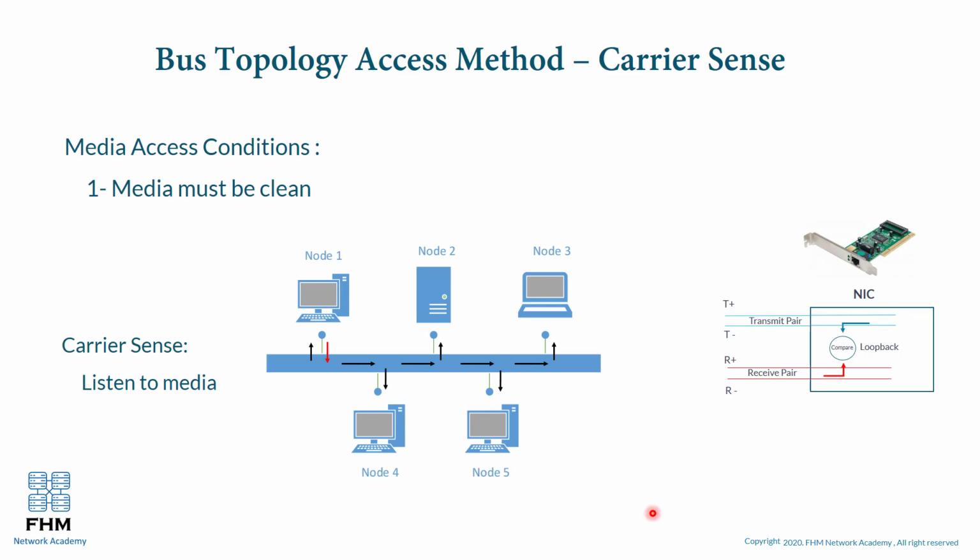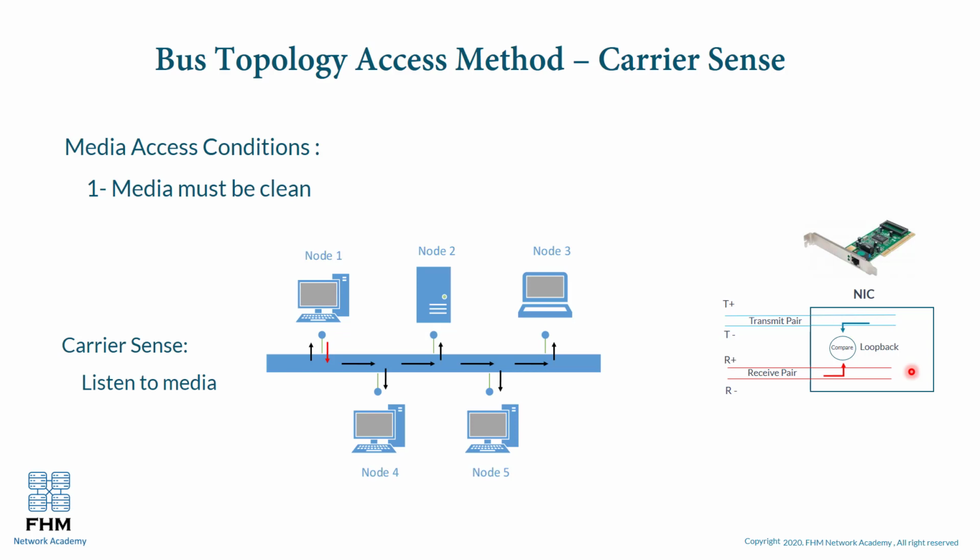As you know, all nodes in the network should have a network interface card in order to connect to the media. Every network interface card has two channels, one pair for transmitting signals and one pair for receiving signals. All nodes in the network listen to the media with their receive pair, and if there is no signal in the receive pair of their network interface card, it means the media is clean.